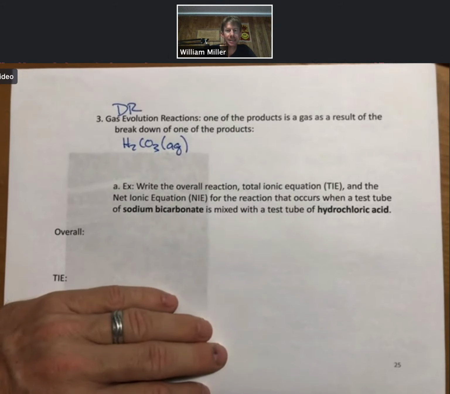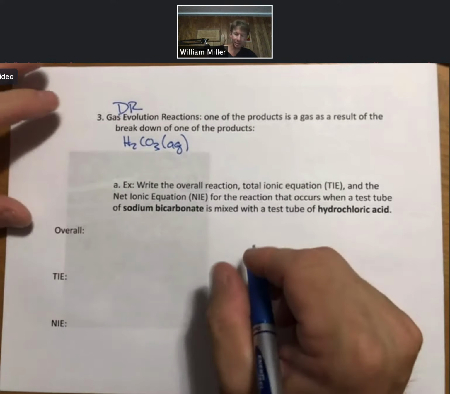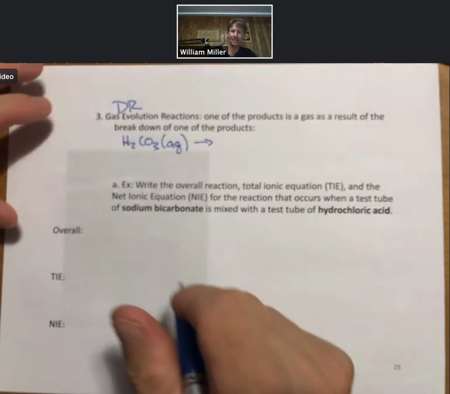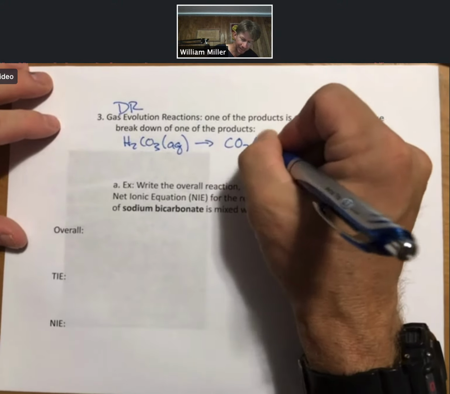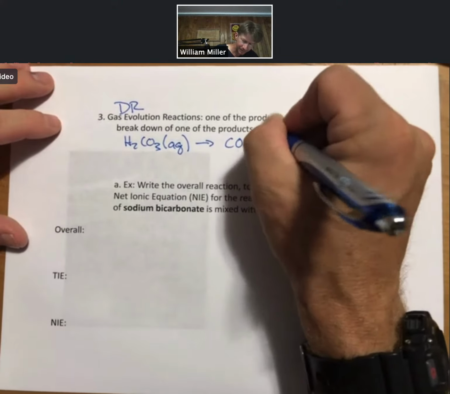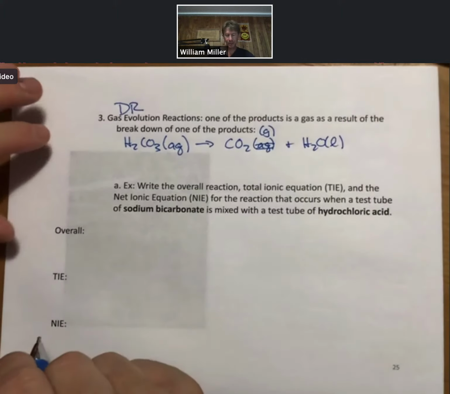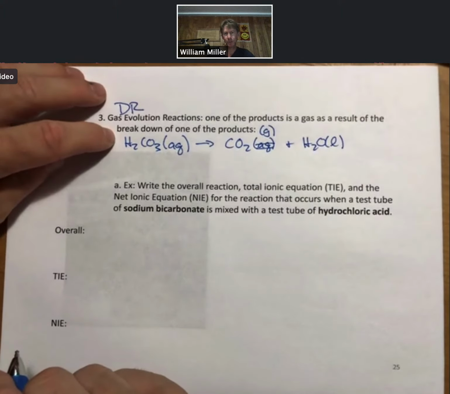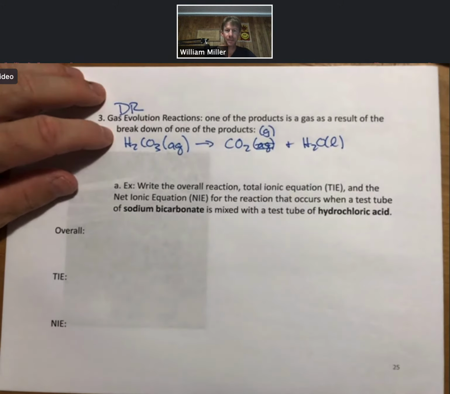It is still existing dominantly as whole molecules. However, this is a special case where it spontaneously breaks down into carbon dioxide gas and H2O liquid. And so anytime you form carbonic acid as a product, cross it out, write carbon dioxide and H2O.